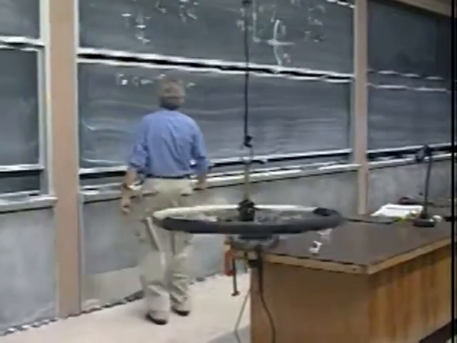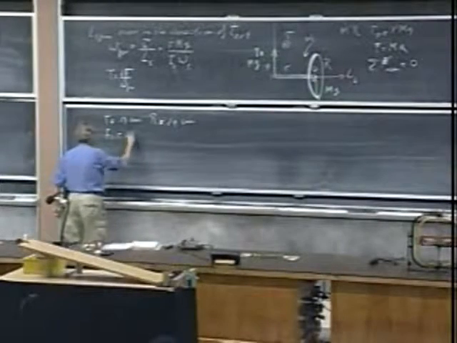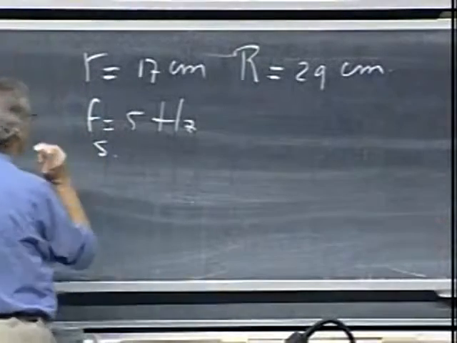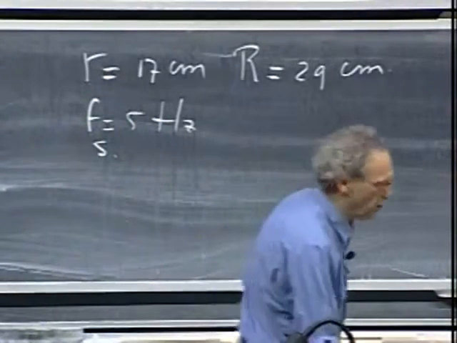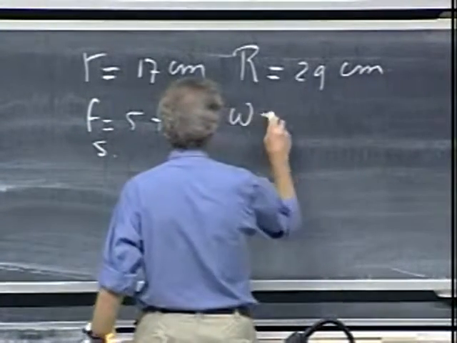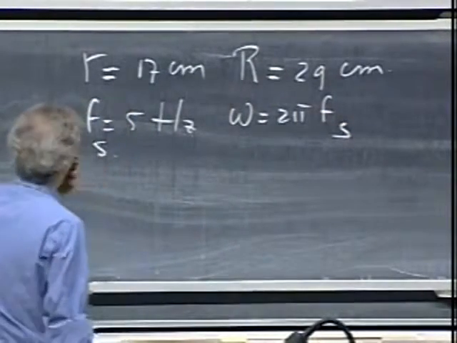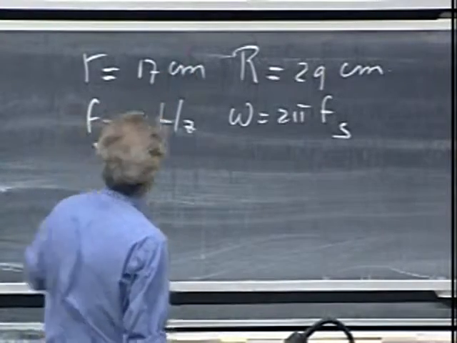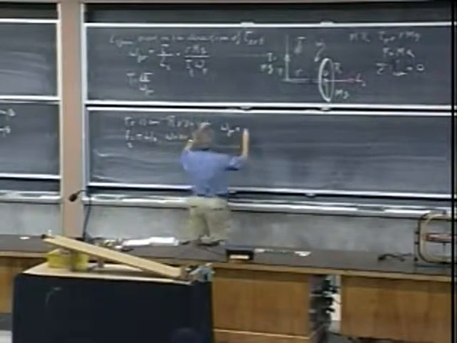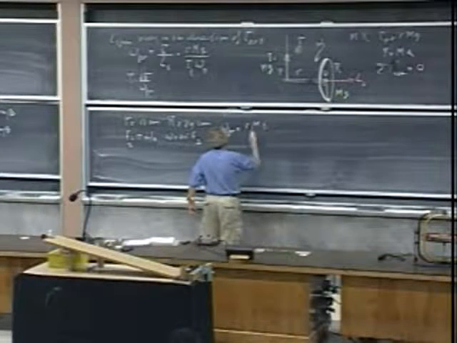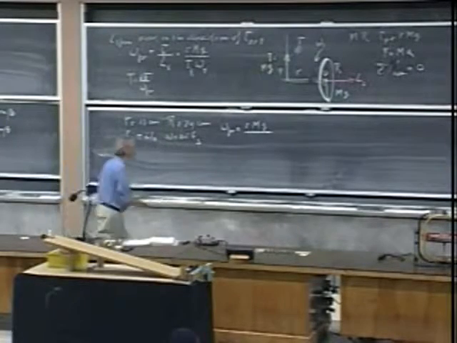Well, if now you take a spin frequency of 5 hertz, you can calculate omega of the spin. Omega equals 2 pi times the spin frequency. And so I can substitute that in there. So I get that omega precession now equals Rmg times the moment of inertia. I assume that all the mass is at the circumference.